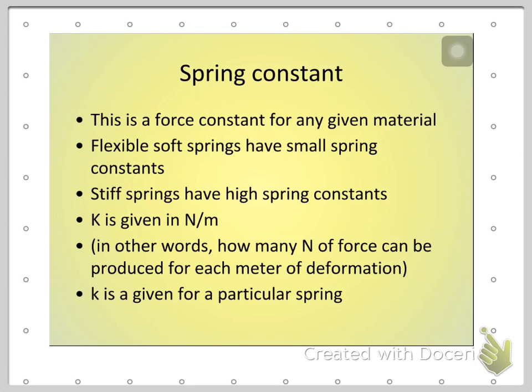And there are different spring constants for, again, those of you who are heading into engineering fields, you will find there are constants of all sorts for all materials, constants of conductivity, constants of thermal expansion and contraction, and constants of elasticity or spring constants. So that spring constant tells you how many newtons of force are generated when you deform that material by a given amount. And the units for spring constant are newtons per meter.